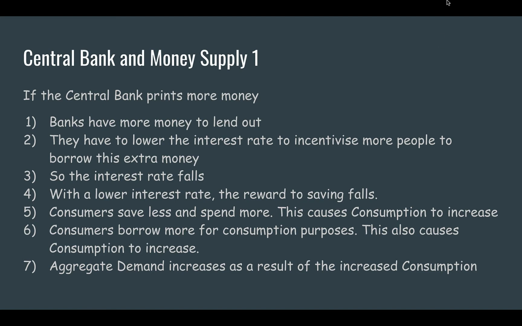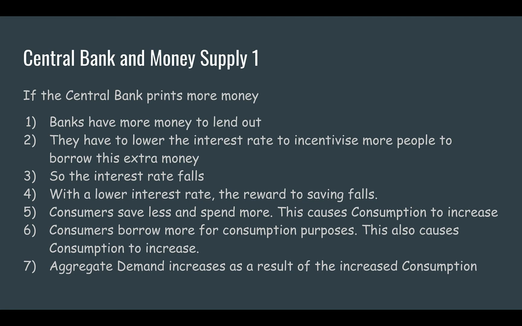So, if the central bank prints more money, that is an increase in the money supply. Now, banks have more money to lend out. So how do banks make money? Well, they make money on lending it out. That's how they make their profit. So because more money exists in the economy, let's make the simplifying assumption that the central bank gives it to commercial banks, the banks that you and I deal with on a day-to-day basis.